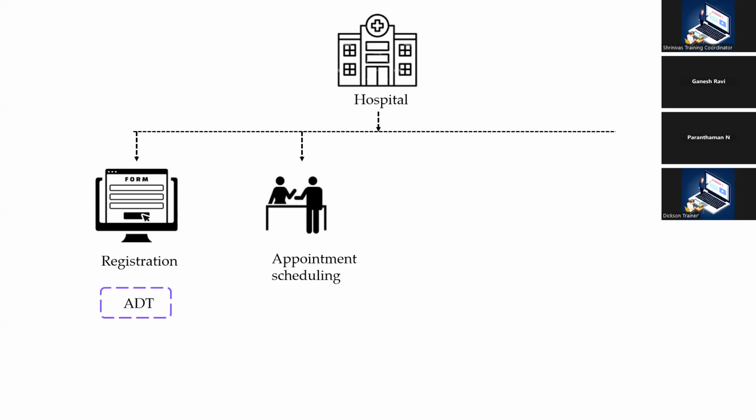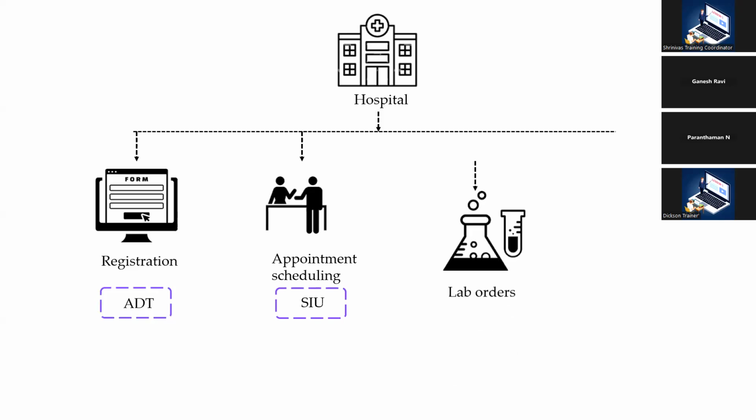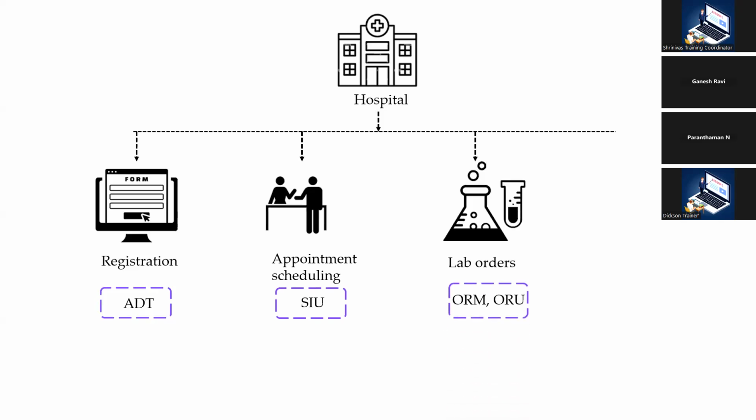Next one that we have is appointment scheduling, and we have a message code called SIU. SIU stands for Scheduling Information Unsolicited. And then next, what you have is lab orders. We have two different categories here. One is ORM, which is Observation Request Message, which is requesting some sort of observation to be performed by the lab.